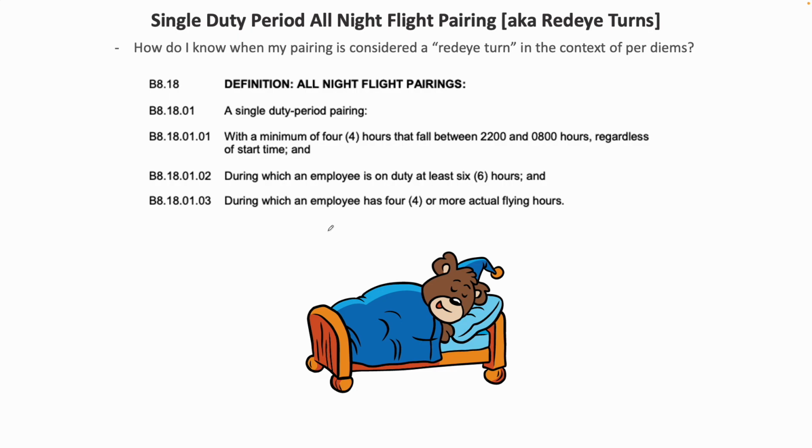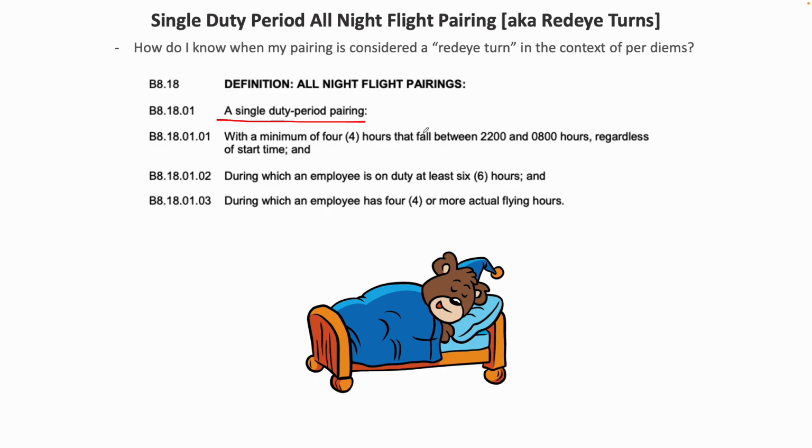We have what are known as special night dinners that are paid to us, and these are paid for red-eye turns. In our collective agreement, these are referred to as single duty period all-night flight pairings. It is a mouthful. People usually informally refer to these as red-eye turns. To get the special night dinner, you have to do a red-eye turn, and that is defined as a single duty period pairing.